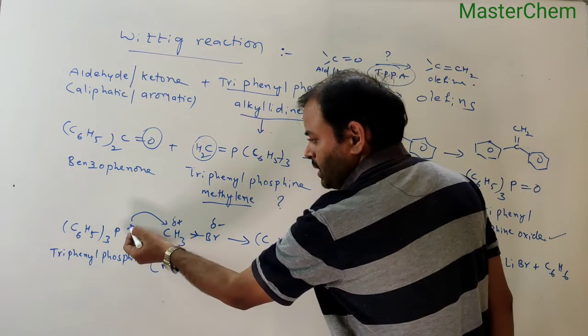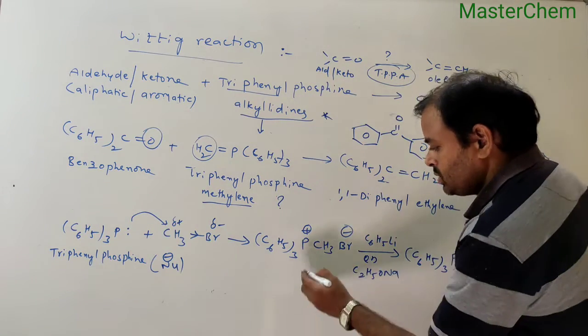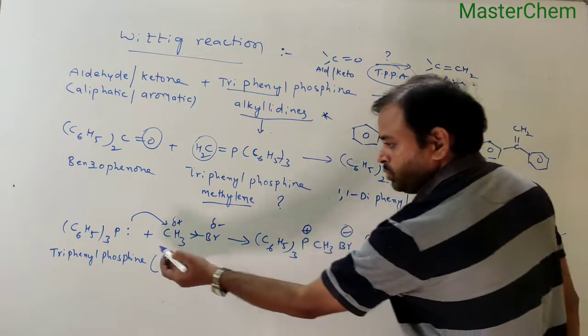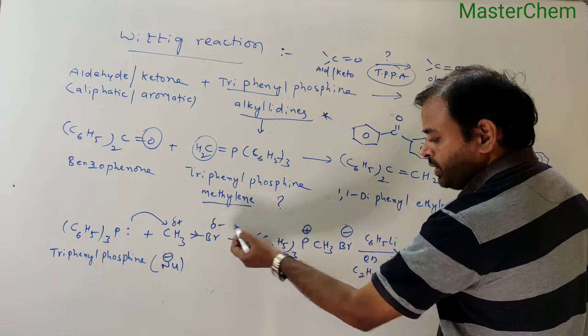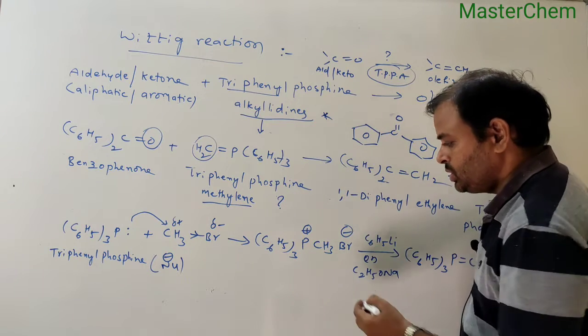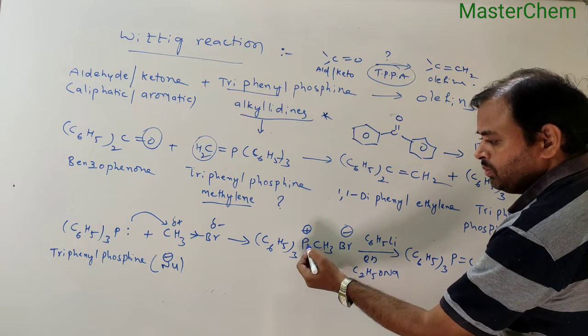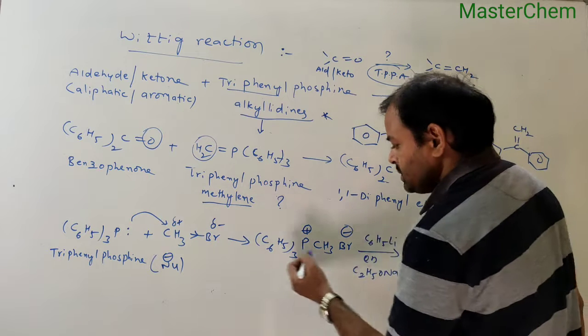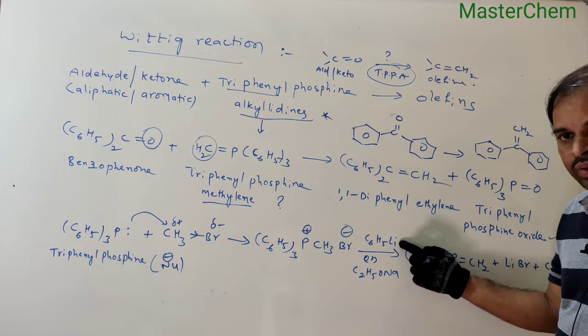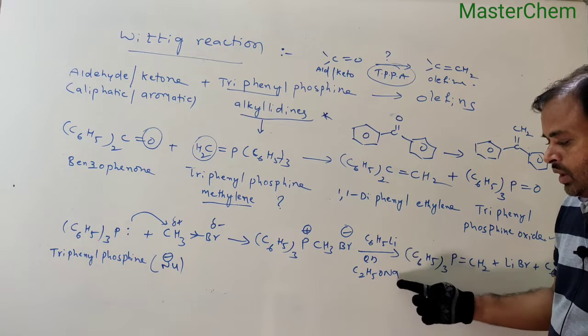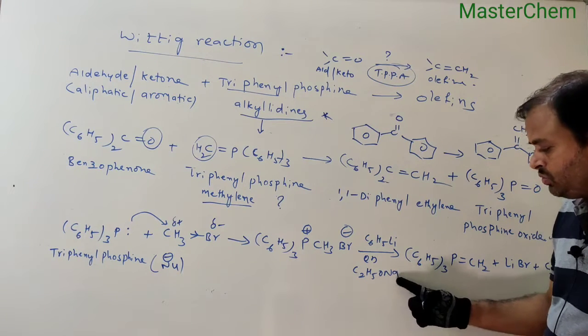So these electrons transfer to this carbon. Due to the loss of electrons, phosphorus gets a positive charge, and due to the gain of electrons, Br gets a negative charge. A bond is formed between phosphorus and this carbon. Then this is treated with C6H5Li, phenyl lithium, or sodium ethoxide, C2H5ONa.